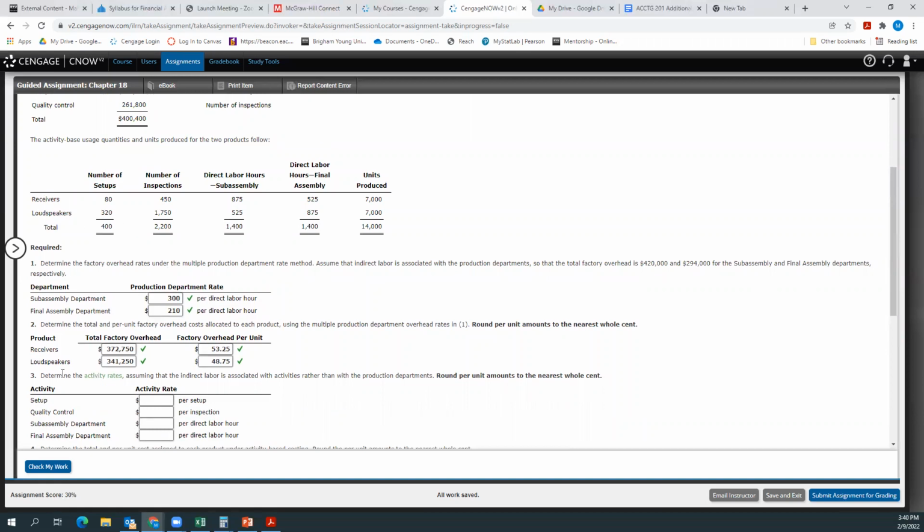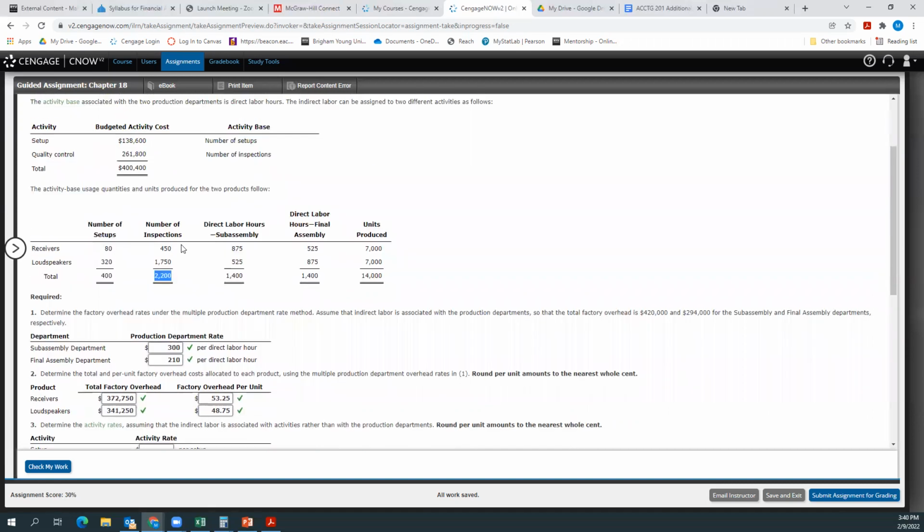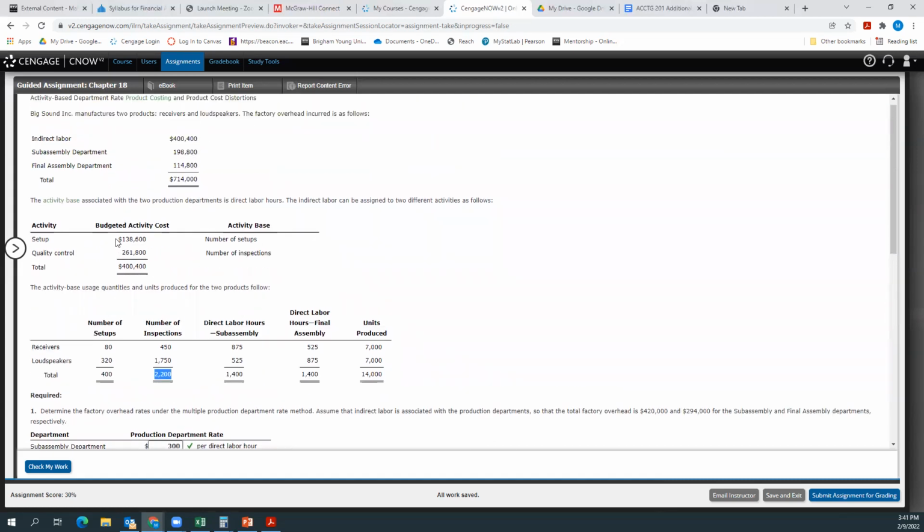So the 2 types of activities we have are setups and quality control. And we know that we have a total of 400 setups and a total of 2,200 inspections, which are part of the quality control. Setups are budgeted at $138,600 of overhead, and quality control are $261,800 of our indirect labor overhead.